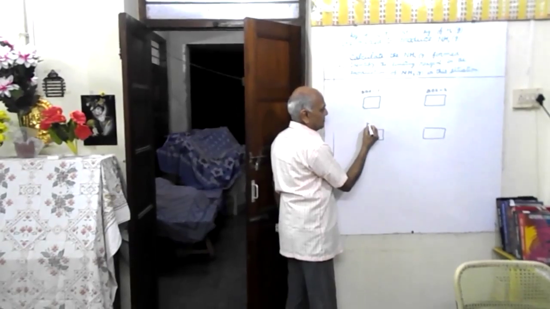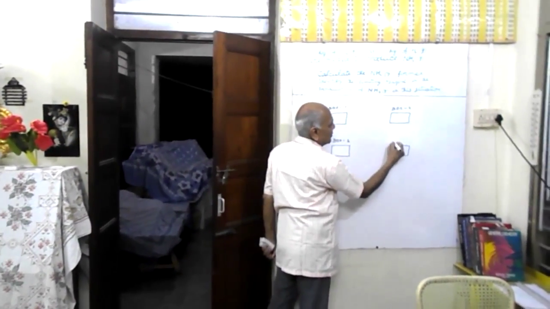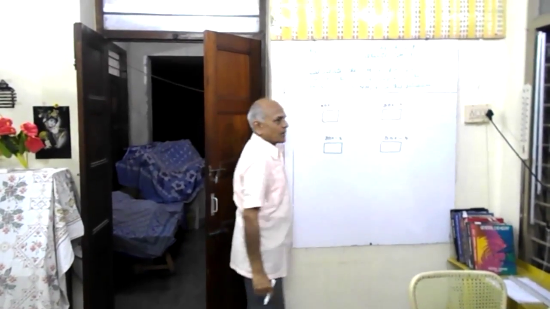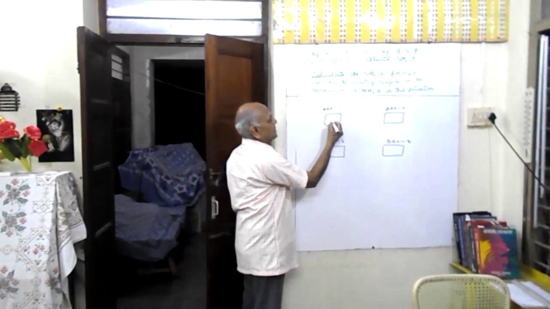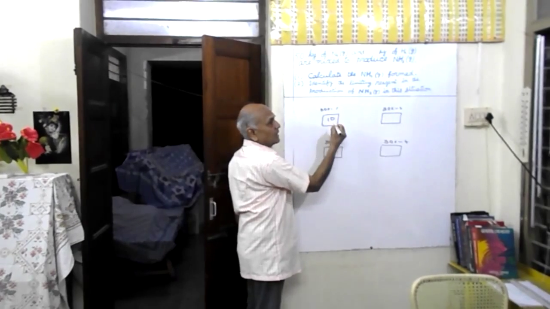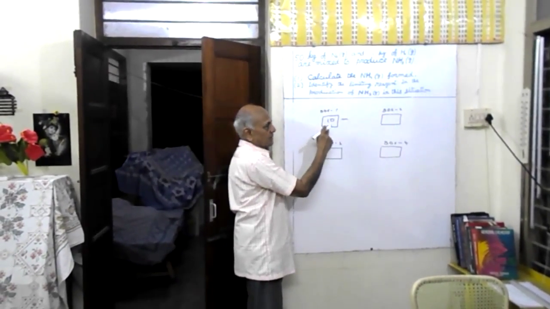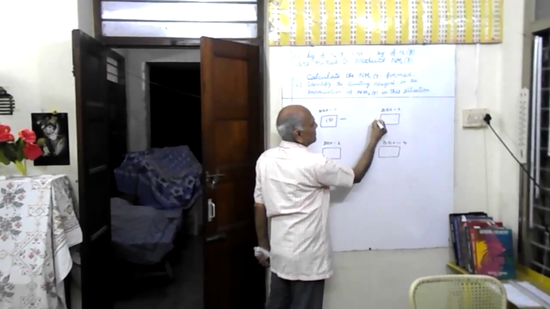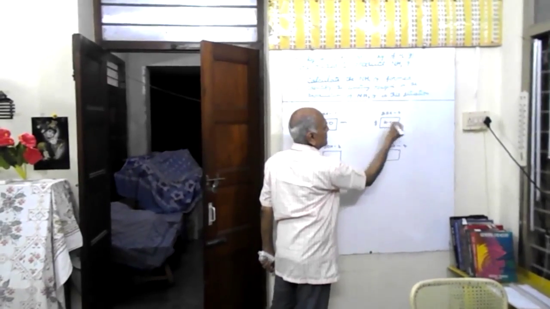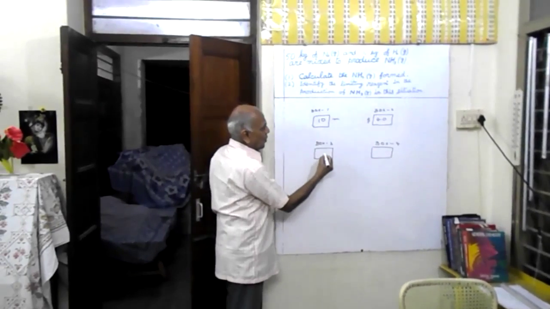This box number 3. This box number 4. The problem is 10 meter cloth. Its cost is $40. We are going to find the cost of 1 meter.